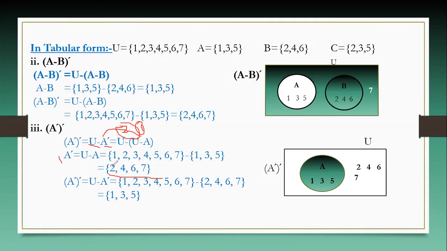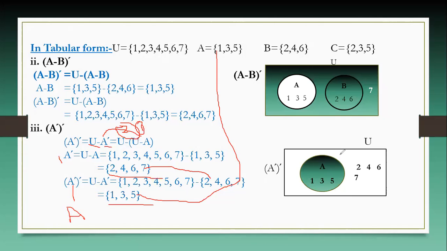Then subtract this answer again from U. You will get the answer 1, 3, 5. And 1, 3, 5 means that this set is set A. Am I right? Here you can see that A double dash means A, just like C double dash means C.